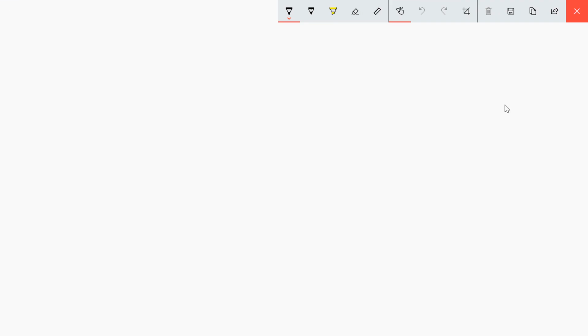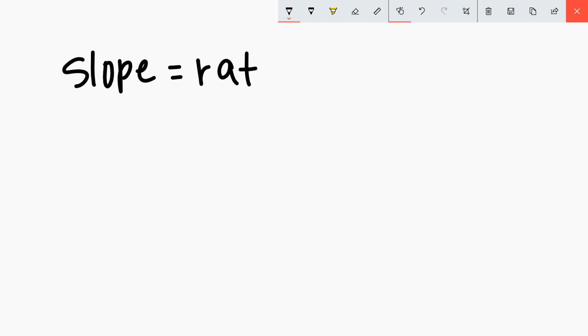So to talk about what we were looking at, what you're seeing in your worksheet, I do want to review a little bit about slope. So remember how slope is the same thing as if I said rate of change.